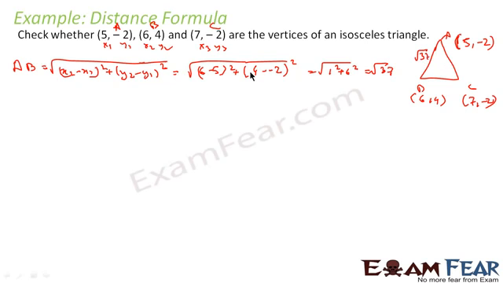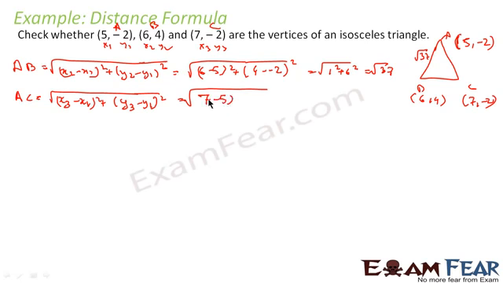Let's find AC. In AC, the points are x1, y1 and x3, y3. So this will be root of (x3 minus x1) square plus (y3 minus y1) square, that is root of (7 minus 5) square plus (minus 2 minus (minus 2)) square.